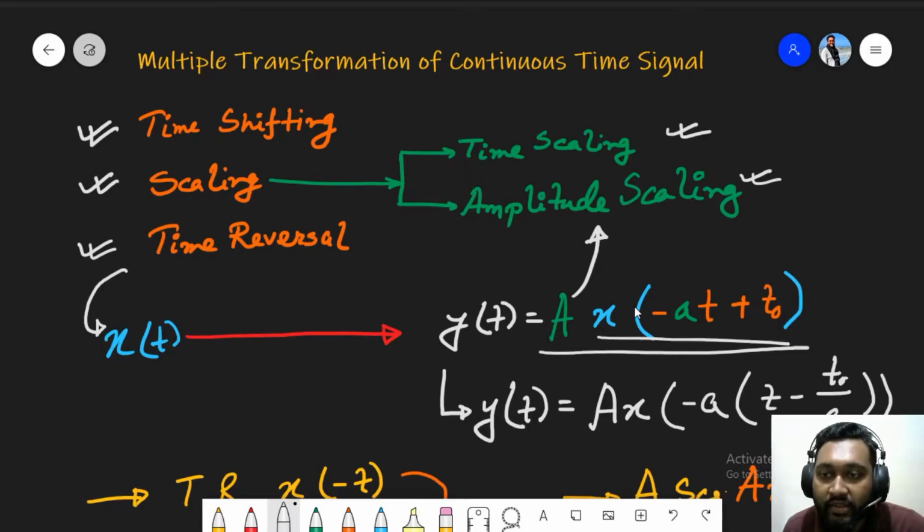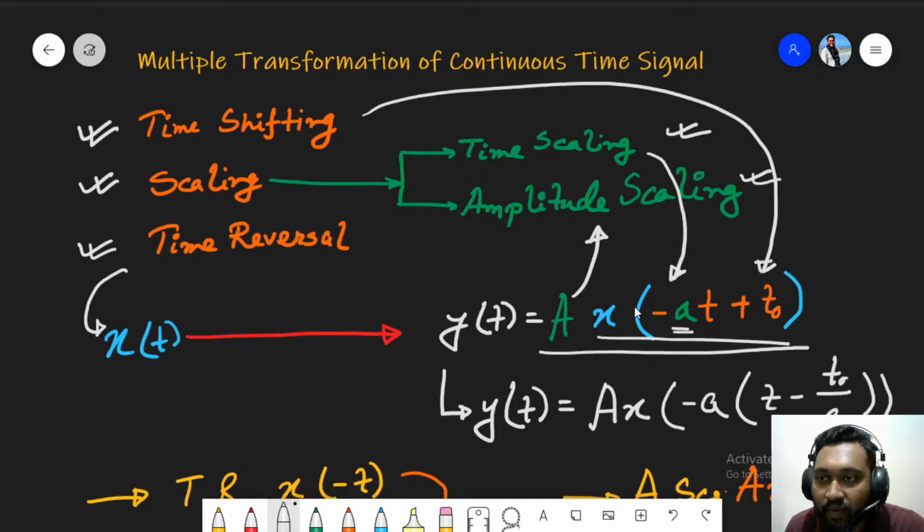Okay, then if we see the signal modification here, x of, there's a bracket, and there are two different transformations happening inside the bracket. One is, as you can see, this small a, which refers to our time scaling. And another one is our time shifting, as a constant is added here.